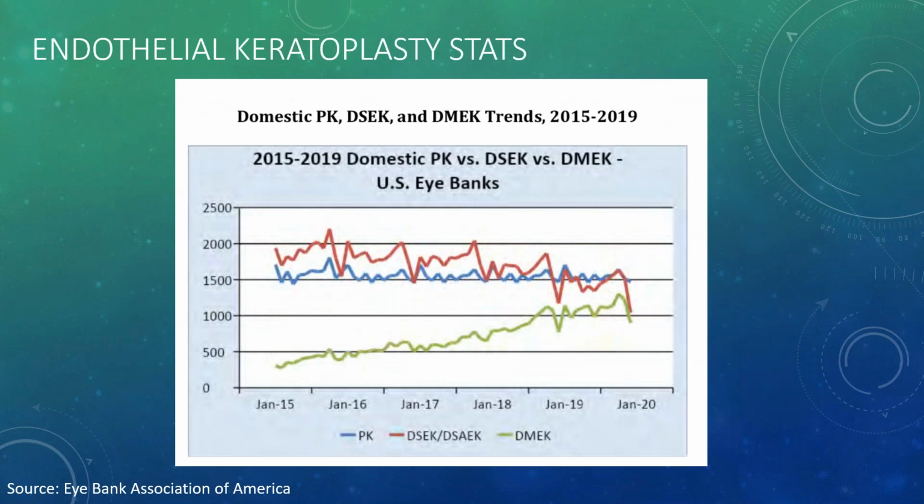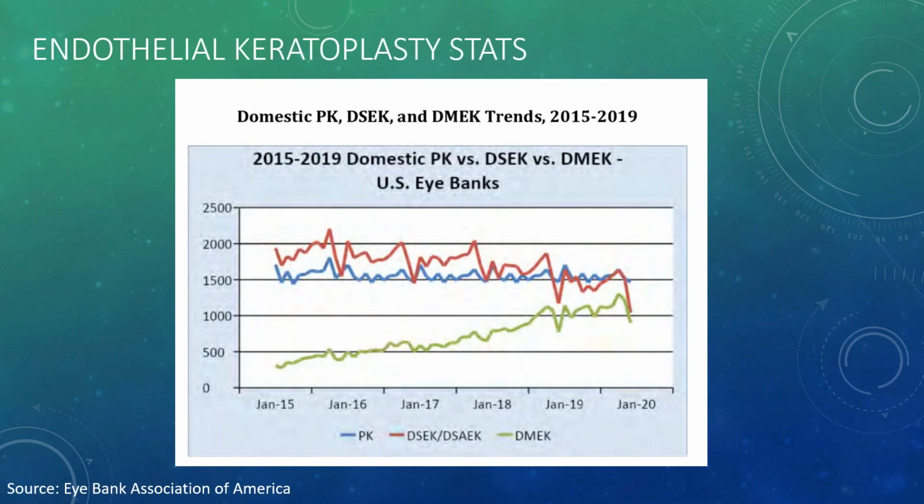If we look at it a little bit deeper, let's look at DSEK versus DMEK. On the y-axis, this is in thousands. You can see that the red line is DSEK, and the blue line is PKP starting in 2015.